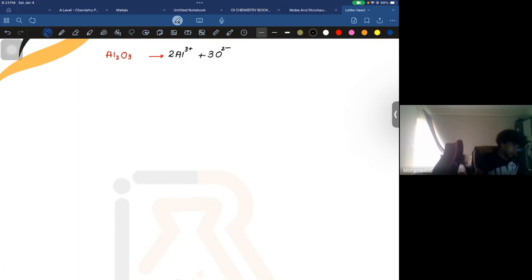I told you what is meant by the term molten. It's an ionic compound, but melted at a higher temperature. It was solid at room temperature, but when I have melted it, it becomes liquid basically.